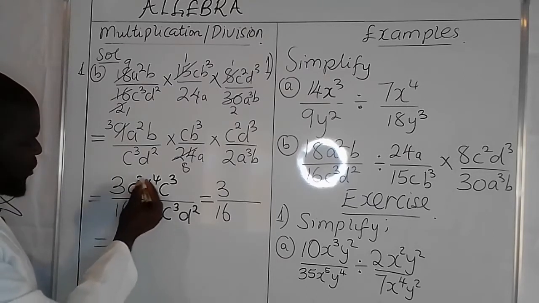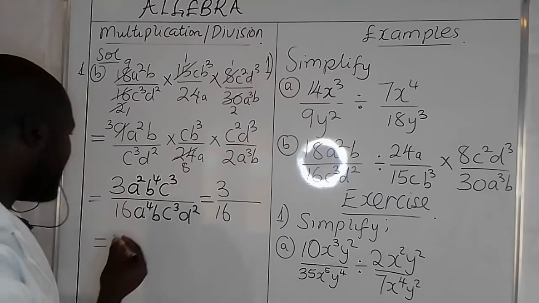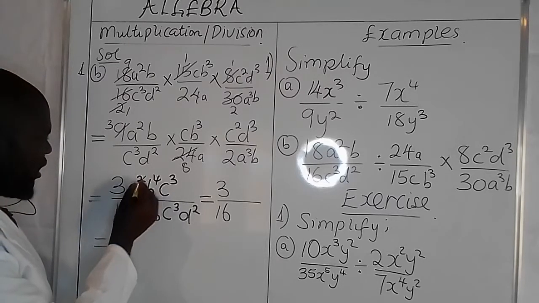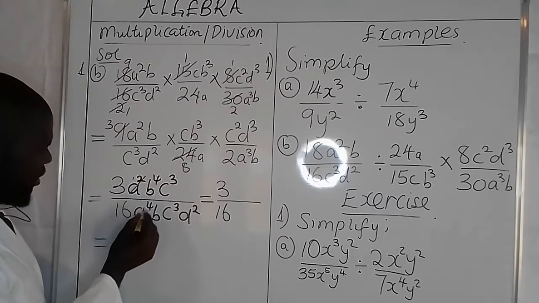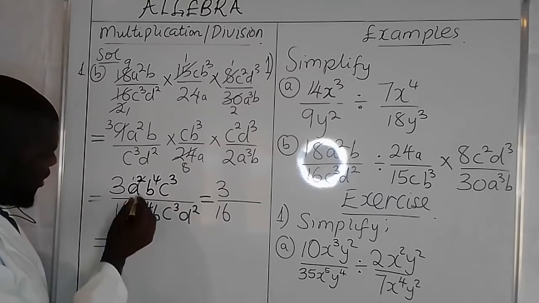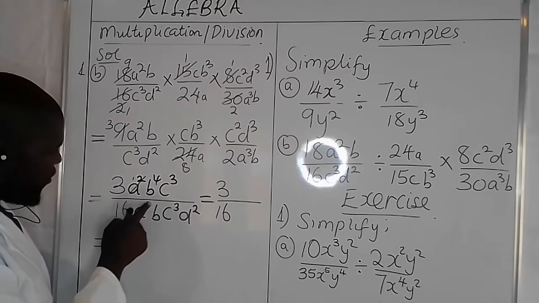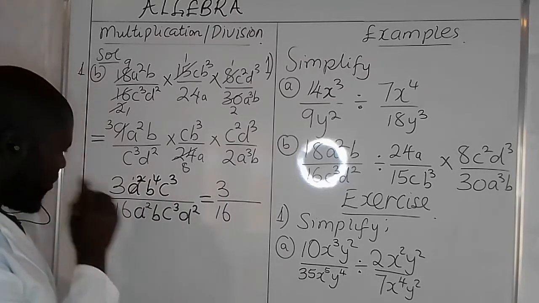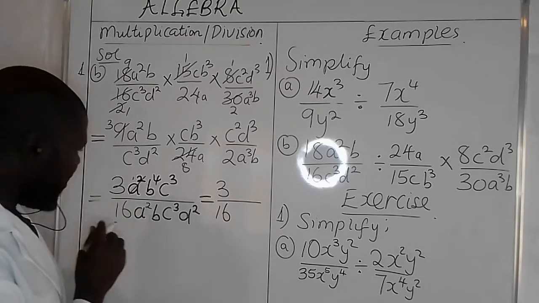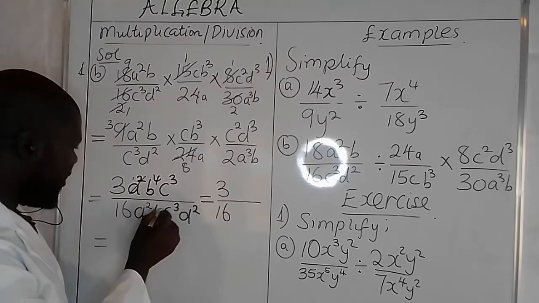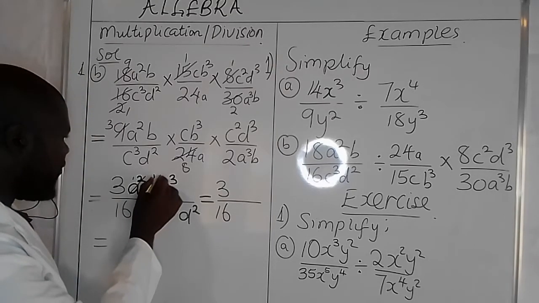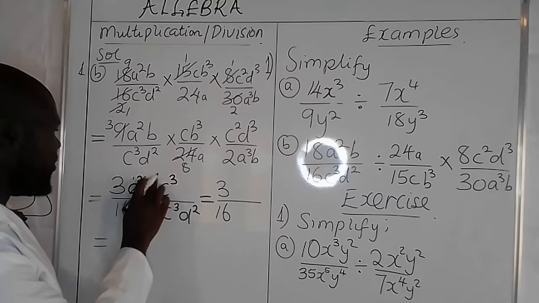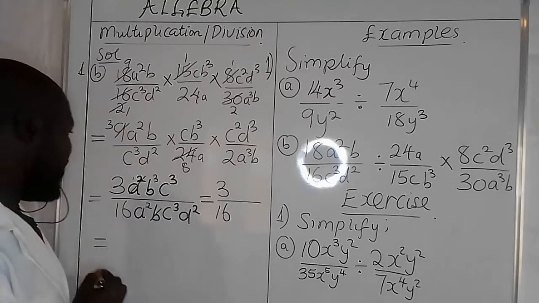Here we have a square and here we have a4. So why not say a square into a square is 1, and a square into a4 is a. Okay. So also moving to b, why not say b into b4, we shall remain with a3 here.